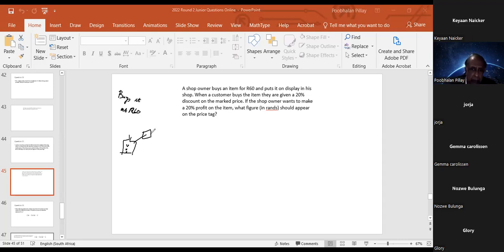So this thing here is the marked price. This is the price at which it is marked. The customer walks in, he sees that price there. And he's given a 20% discount. Whatever that is, you work out 80% of that, and that is what he pays.